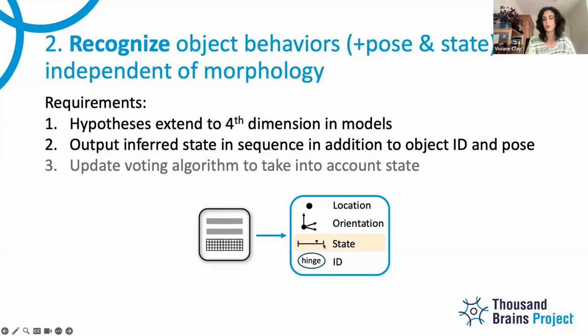We could just vote on locations in 4-dimensional space, or vote on it as a separate variable, or vote on ID, state, and orientation separately. But especially with behaviors, it'll be very useful to do fast enough inference on an object that's moving if we can also vote on where in the sequence we think we are.